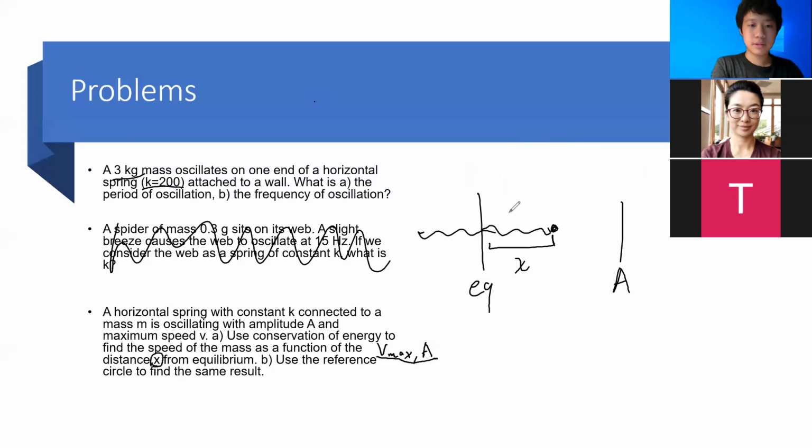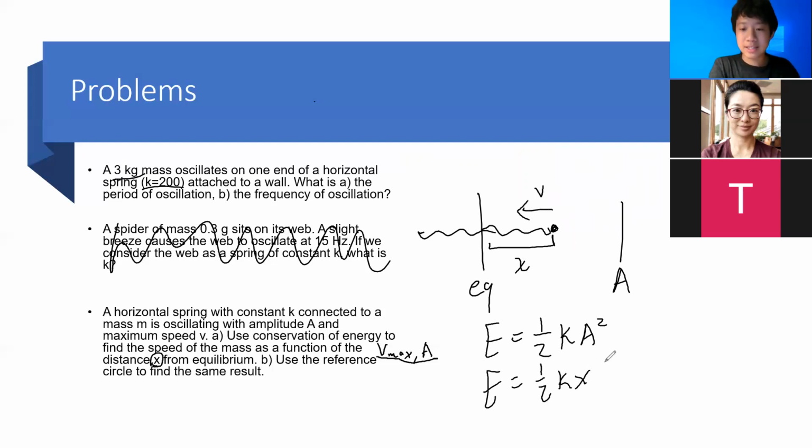Okay? So the total energy in the system can be represented as the situation where all the energy is stored as potential energy. So the total energy is equal to 1/2 k a squared, because at that point, all the energy is comprised of the potential energy in the spring. And similarly, the total energy can be represented here as 1/2 k x squared, that's the elastic potential energy, added to 1/2 m v squared.